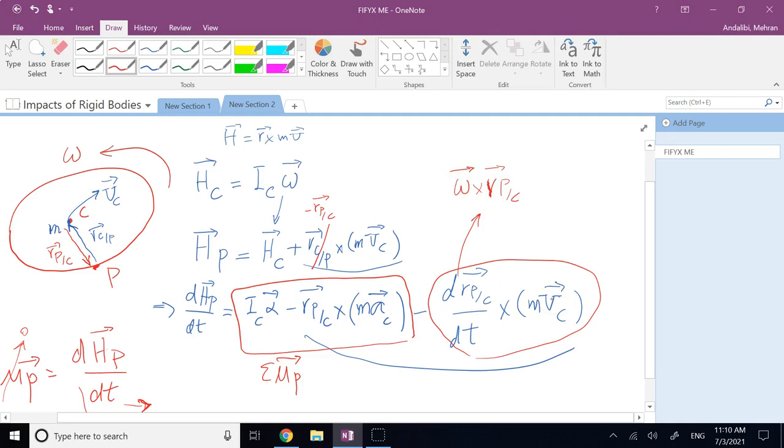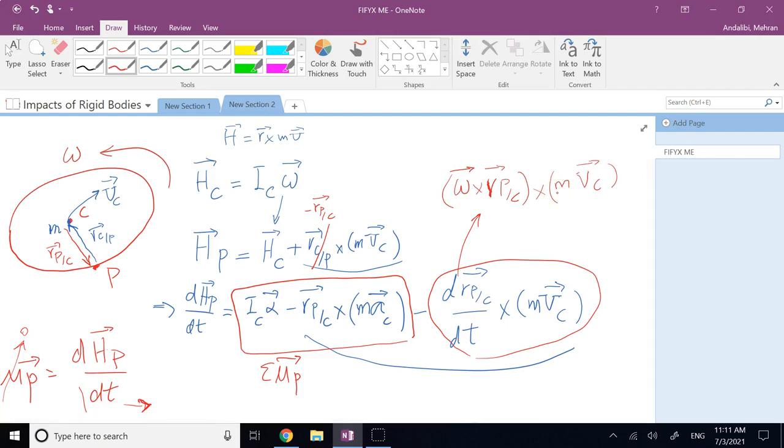Now, what about this term, omega cross R of P with respect to C? When it's cross multiplied now by M V of C, what would you get? Do you think this term is going to be 0?